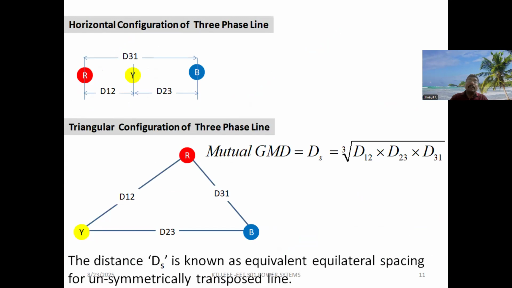Now, as I mentioned earlier, in a three-phase transmission line, either we can place the conductors in a horizontal configuration, or in a triangular configuration. In both cases, this formula is valid. That is, mutual GMD is equal to the cube root of D12 into D23 into D31.